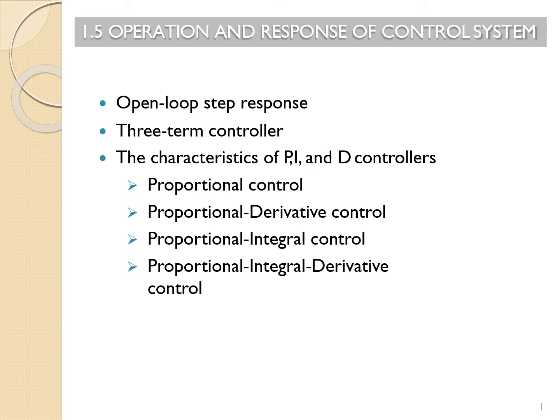Now we move to chapter 1.5, which is operation and response of control system. Inside this chapter, we will cover the open loop step response, the three-term controller, and the characteristics of P, I, and D controllers. I will show you the type of response of each of the controllers after this.